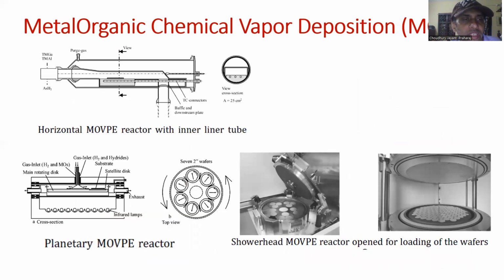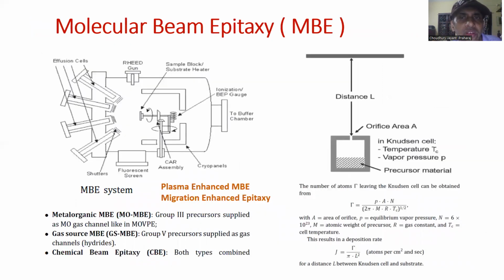These are some more details about the metal organic vapor phase epitaxy growth method. We also have the molecular beam epitaxy method. We have the effusion cells, and then we have an RF plasma nitrogen source. We have the growth monitoring by a RHEED gun, or a reflection high energy electron diffraction source.